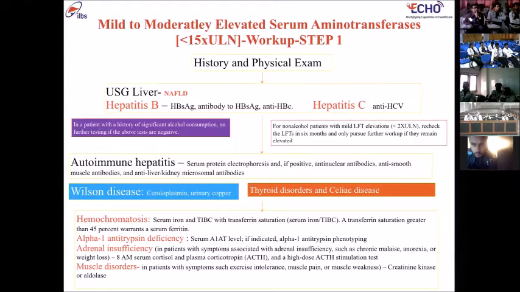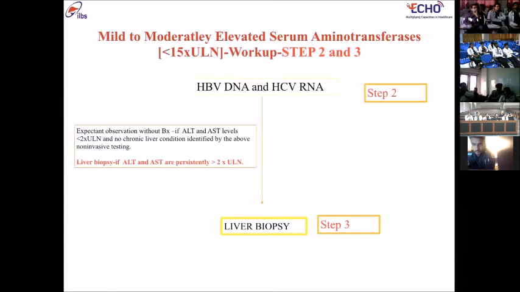Then specific to each: for hemochromatosis, look for serum transferrin saturation and alpha-1 antitrypsin levels, then look for adrenal insufficiency and muscle disorders, historically for exercise intolerance, myalgias, muscle weakness, and biochemically creatine kinase and aldolase levels. Basically, in step 2, if the patient has persistently elevated AST/ALT, we usually perform a liver biopsy before starting treatment, after the DNA and RNA reports.